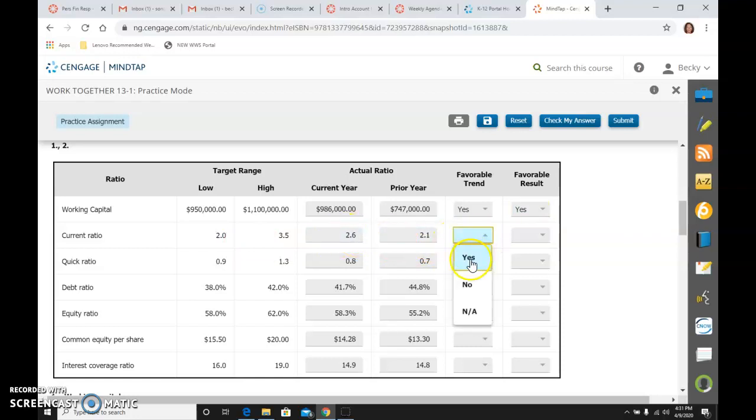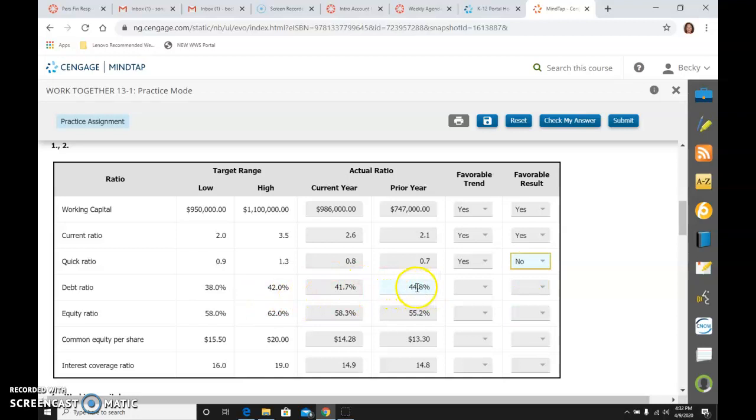That is a good thing. Then we're at 2.6. It's in between for us, so that is a good thing. The quick ratio, it's going from 0.7 to 0.8. That's a good thing. It's at 0.8. It's not in our range. That is not a good thing.